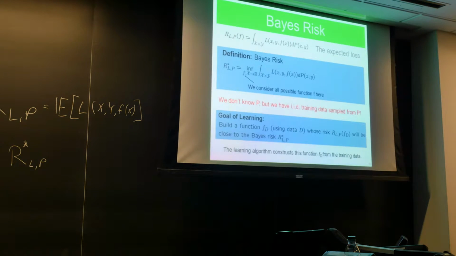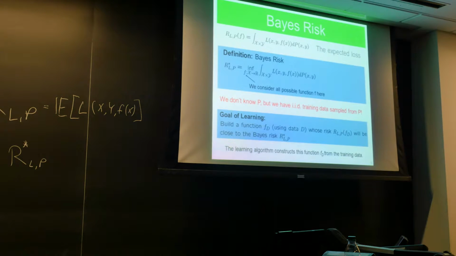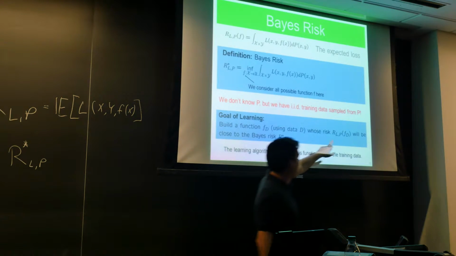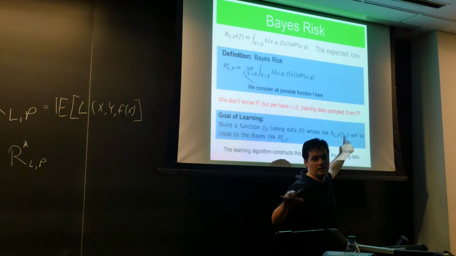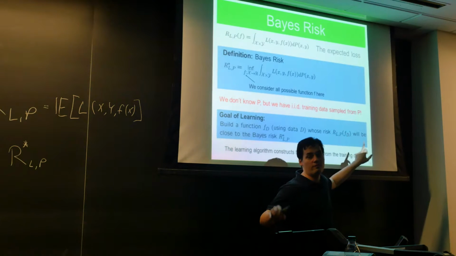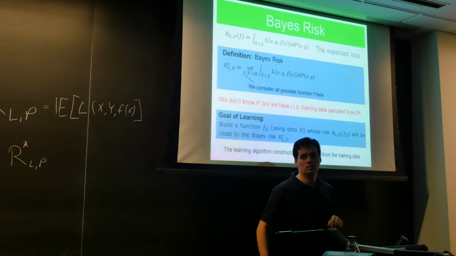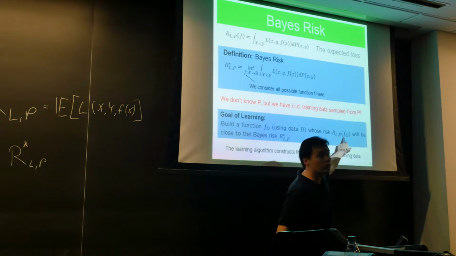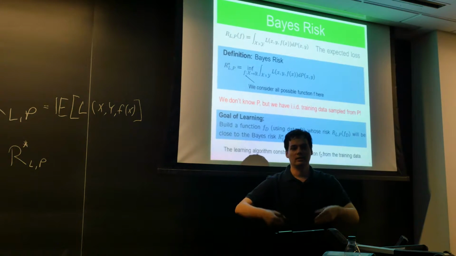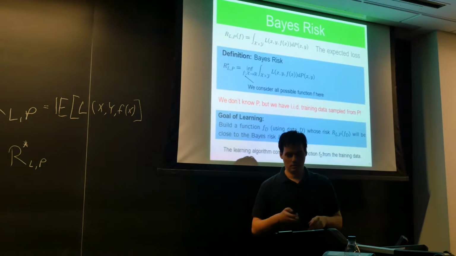Is it the empirical expectation? So the Bayes risk is not random, right? Yeah, but this guy, it depends on your training data. The training data is random. f of D, that's a random function. Oh, your function is random. Yes, f of D is a random function because it depends on your training data. If you get different training data, your function would be different.